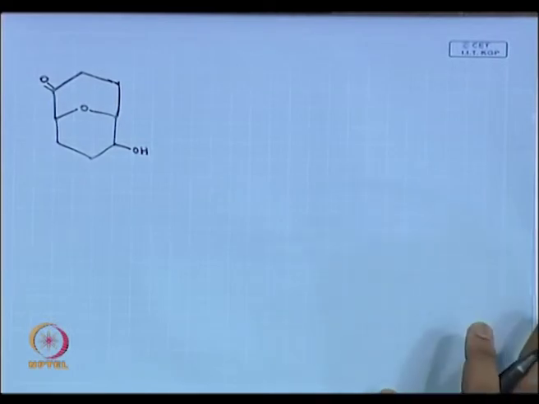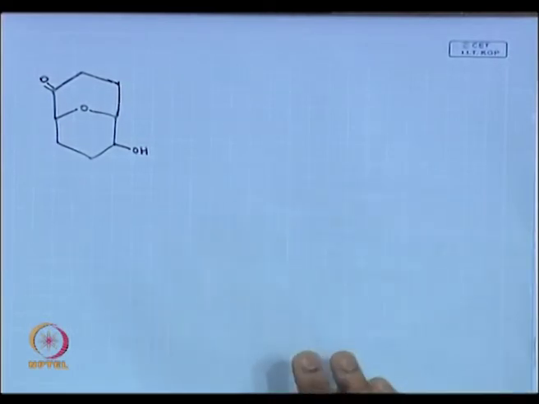Okay, there is no double bond. So, we are finished with the double bond system. So, I am taking a general example.